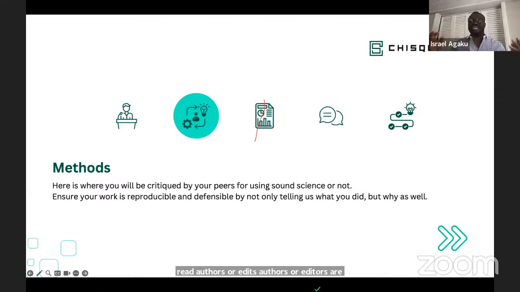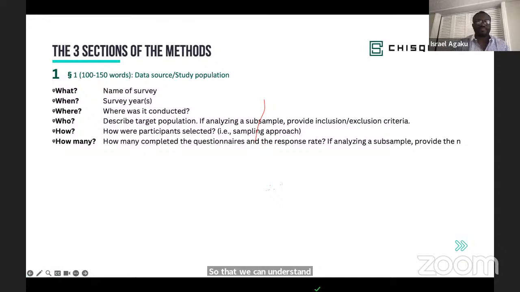Now, if you come with a method that is not an everyday method, you have to explain why you used it. Are you just trying to be fancy, or is there a reason for using it? So explain what your state of mind was when you were doing this, so that we can understand and reproduce, but also understand the context or the reason why you did that.